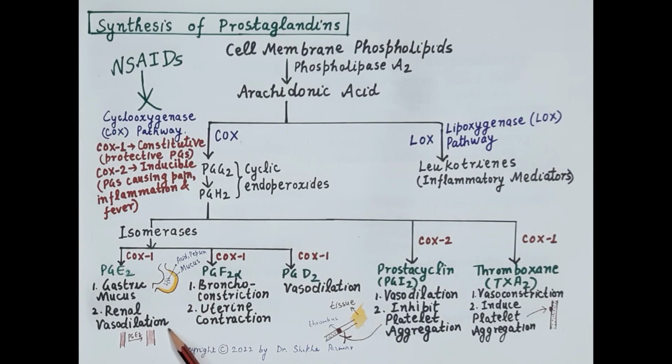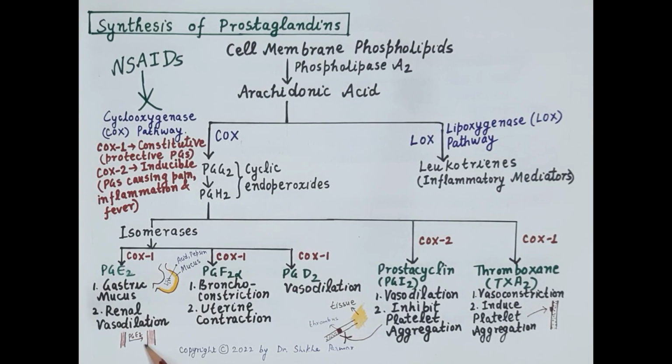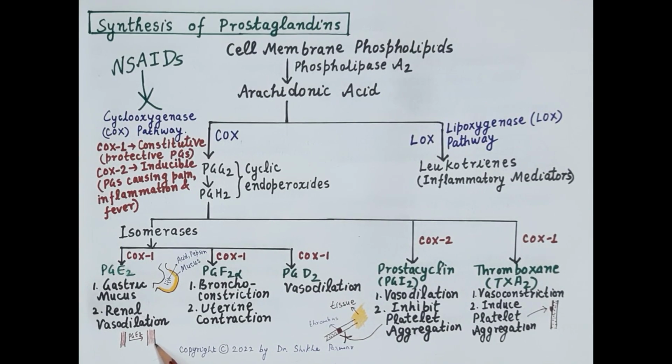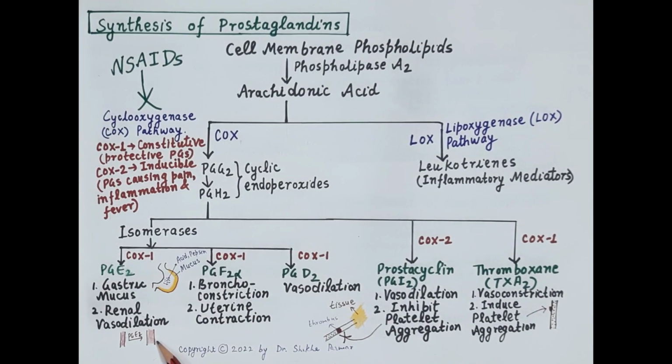Another function of prostaglandin E2 is renal vasodilation. Prostaglandin E2 dilates the blood vessels of the kidneys. This causes increased blood flow to the kidneys. Increase in the blood flow causes increase in the glomerular filtration rate, another protective function of prostaglandin E2.